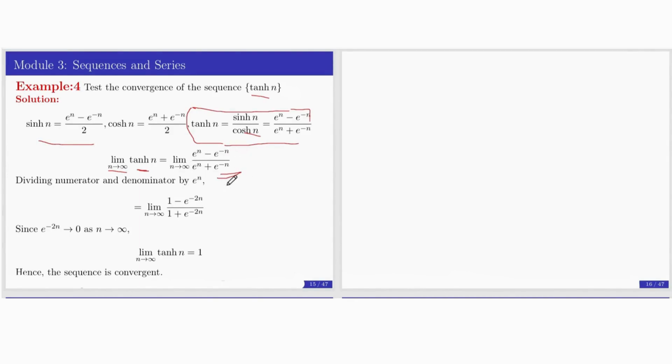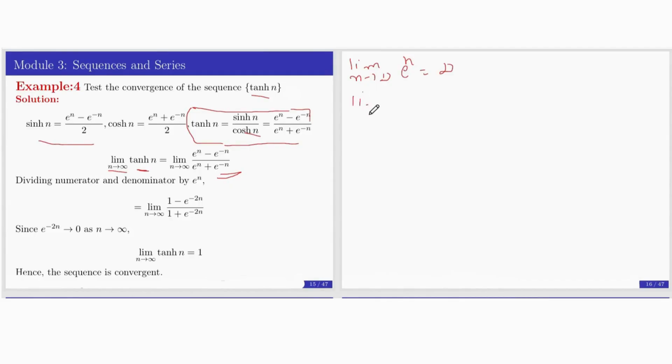So how to evaluate this limit? In the previous lecture we saw that the limit as n tends to infinity of e^n is infinity; we already discussed this in the previous example.